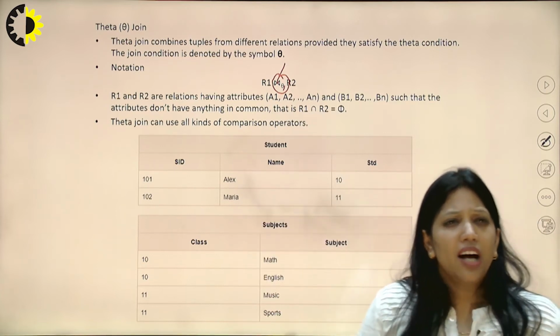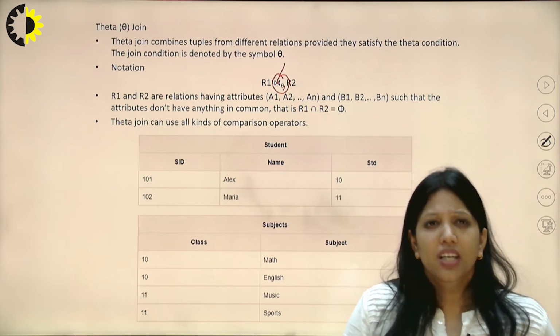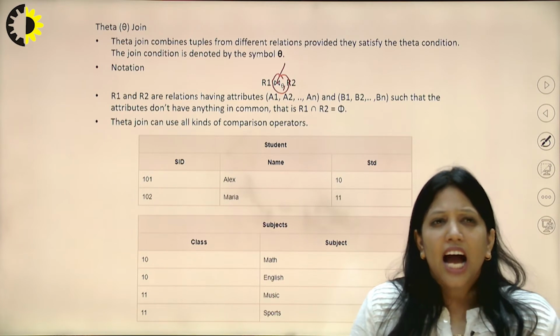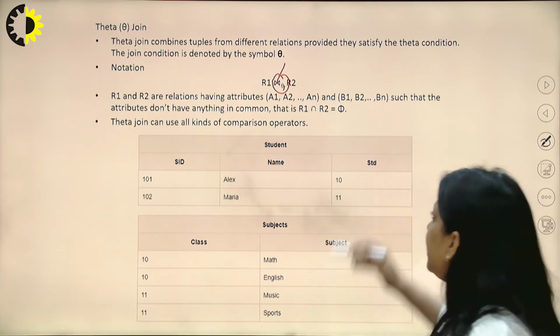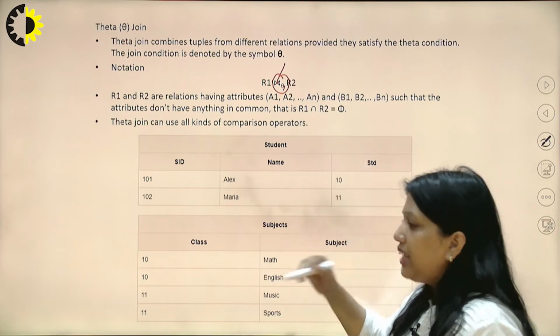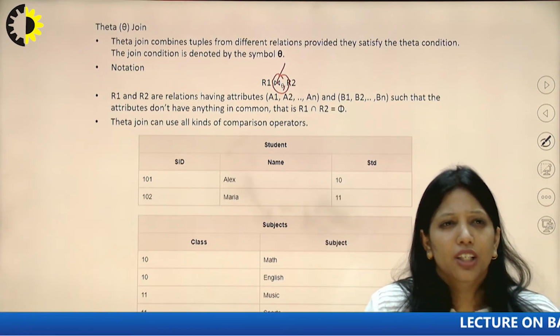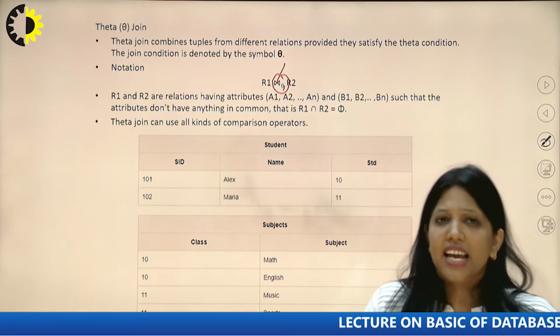R1 and R2 are relations having attributes A1, A2 up to An in R1 and some attributes B1, B2 up to Bn in R2, such that the attributes have nothing in common, that is R1 intersection R2 is phi, that is null. In that case, we can use the comparison operators. The theta join can use all kinds of comparison operators like less than, greater than, equal to.